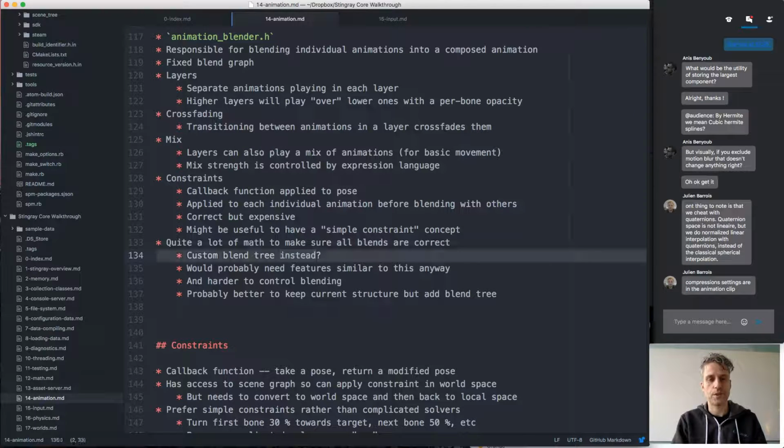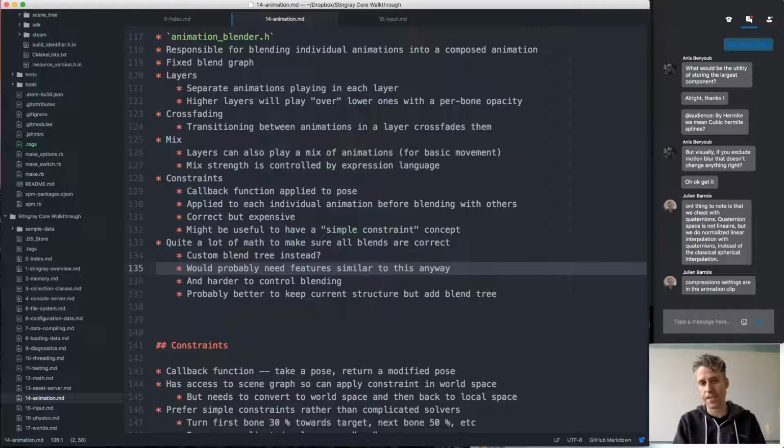You could question, well, instead of having this fixed blend system, should we have a completely custom blend tree instead? Actually, I don't think so. I think if we did a custom blend tree, it would probably end up being something like this anyway, and at the same time it would be harder to control what's going on, because we wouldn't have this clear understanding of what these different things mean.